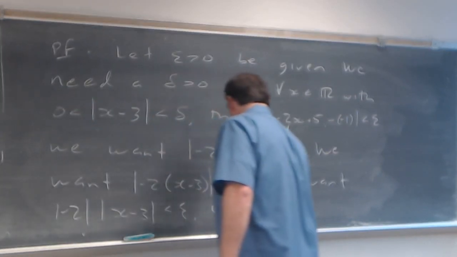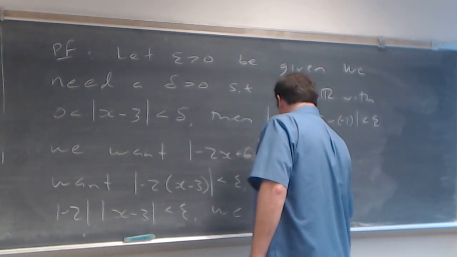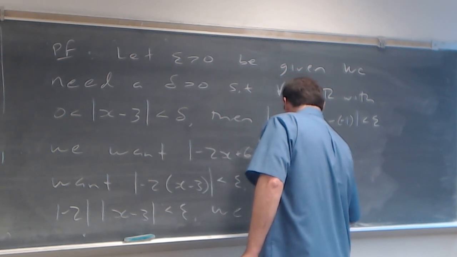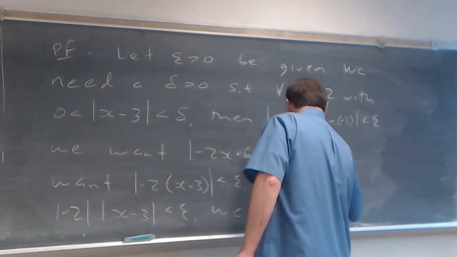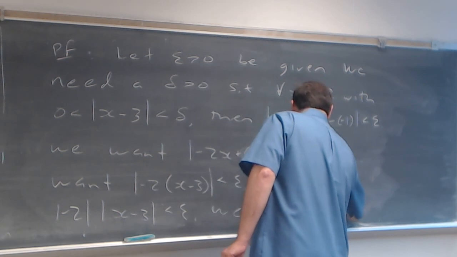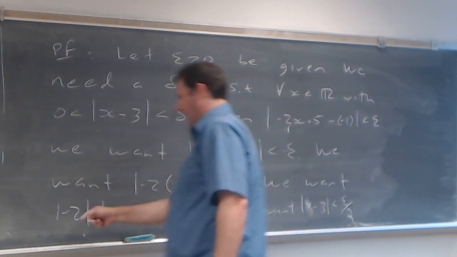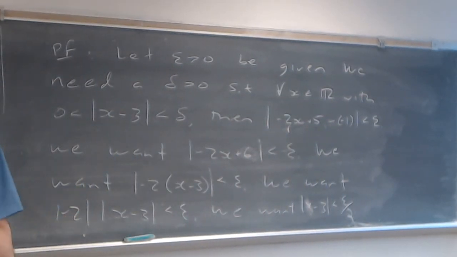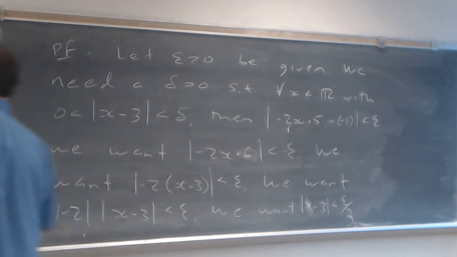That means we want the absolute value of x minus 3 to be less than epsilon over 2. We're dividing by the absolute value of minus 2, which is just 2. So in order to ensure that happens, we're just going to let delta be epsilon over 2.